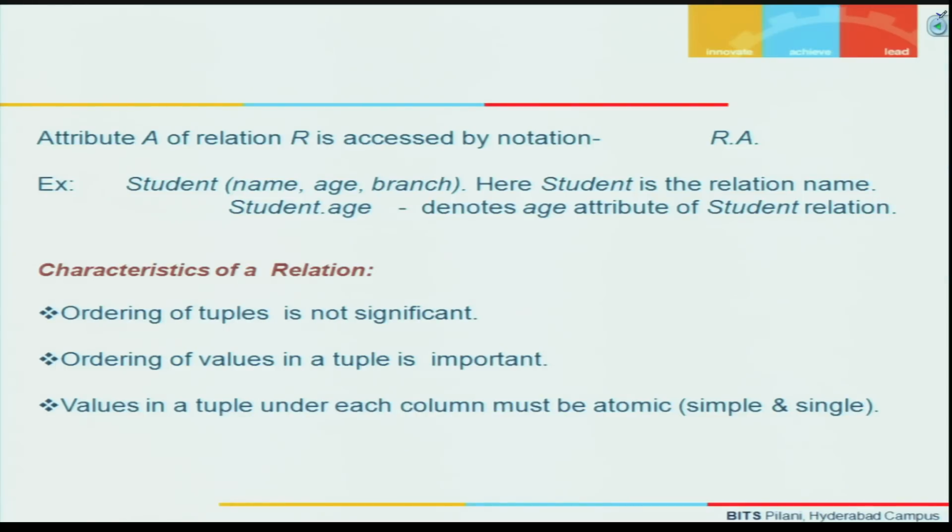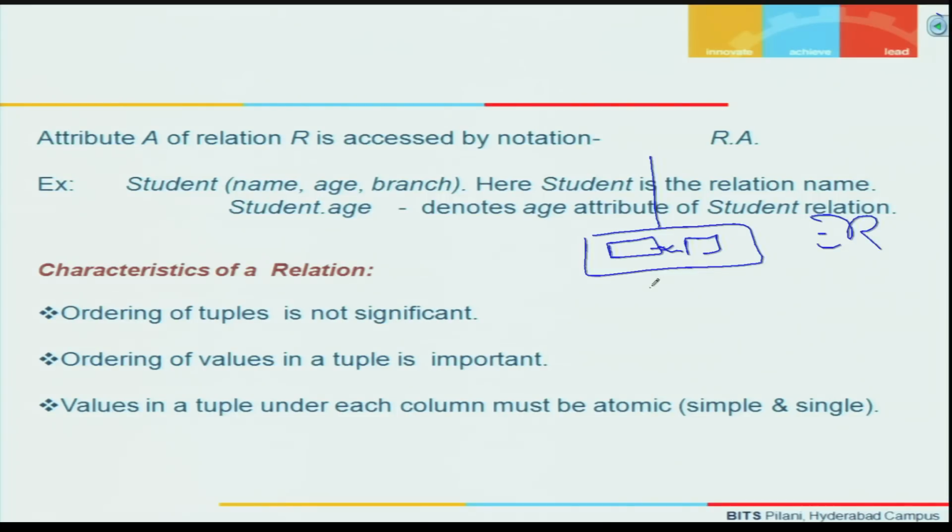And one important thing here is, after collecting the requirements, we will understand what exactly needs to be stored in the database. Then we will come up with a semantic level conceptual schema in terms of entities and their relationships using ER modeling.